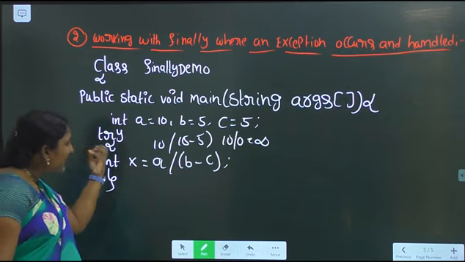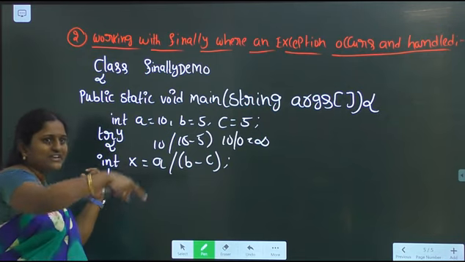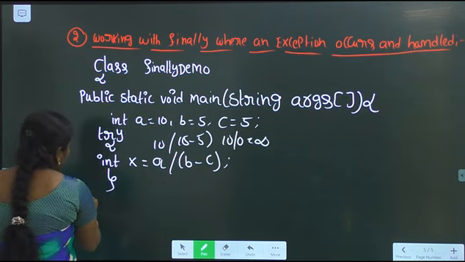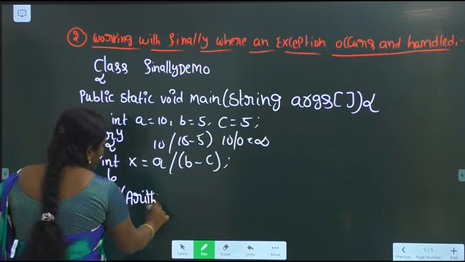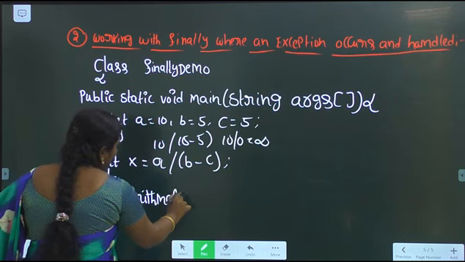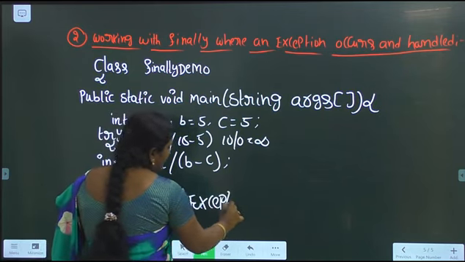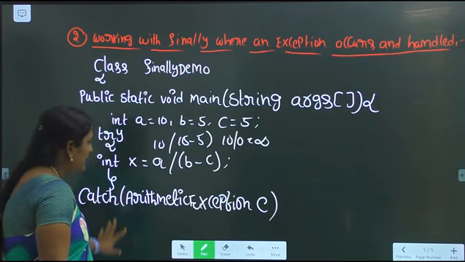If an exception occurs in the try block, immediately it jumps to the catch block. So after the try block, here I am writing catch, ArithmeticException e.